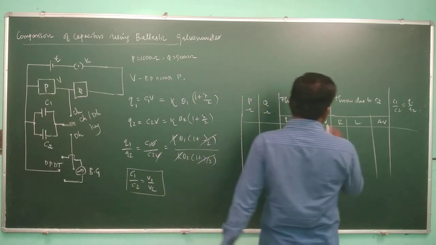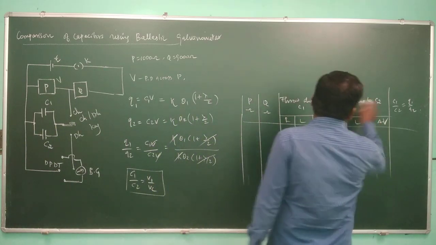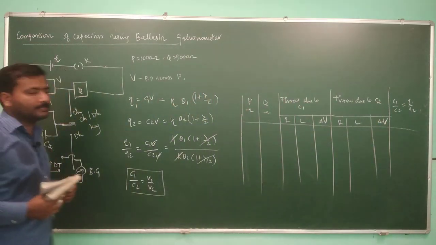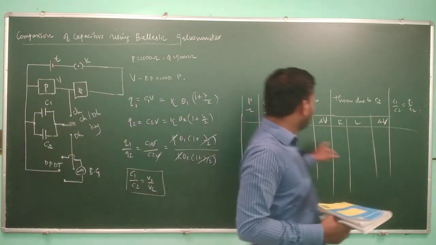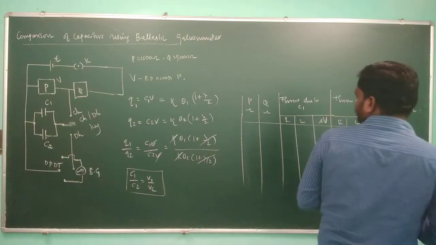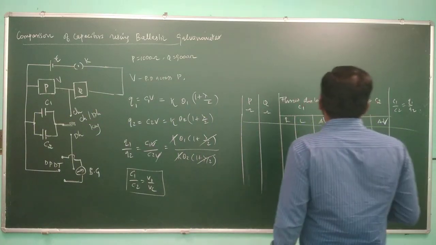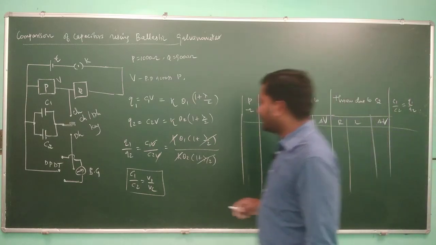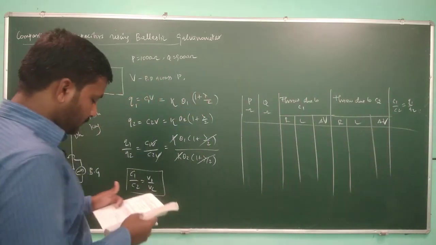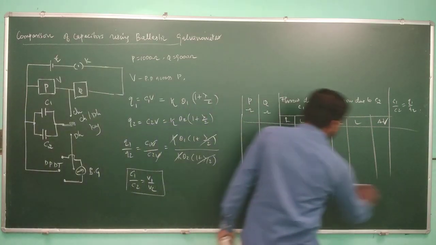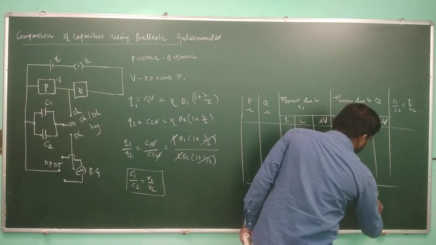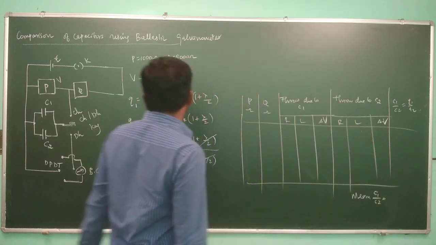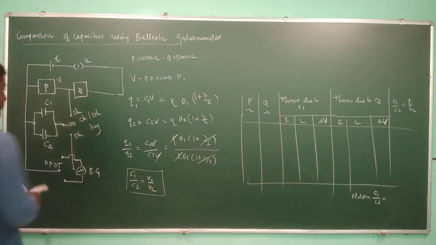Similarly, the throw due to C2, that is the second capacitor, the maximum deflection and the lowest deflection, the right-hand deflection and the left-hand deflection are given here, and the average would be here. So taking all these averages, you can write the mean C1 by C2. So this is all about the comparison of capacitances.